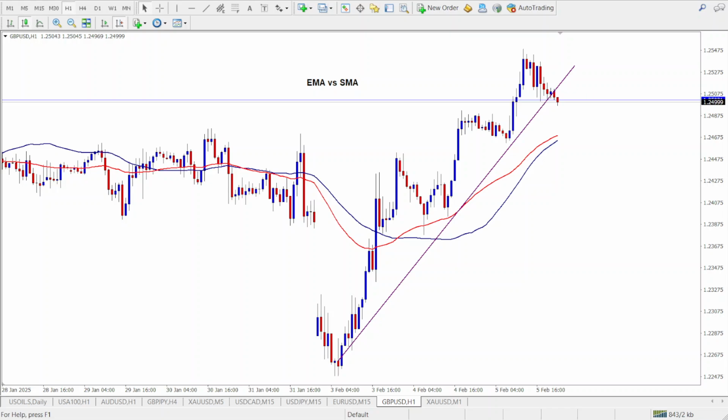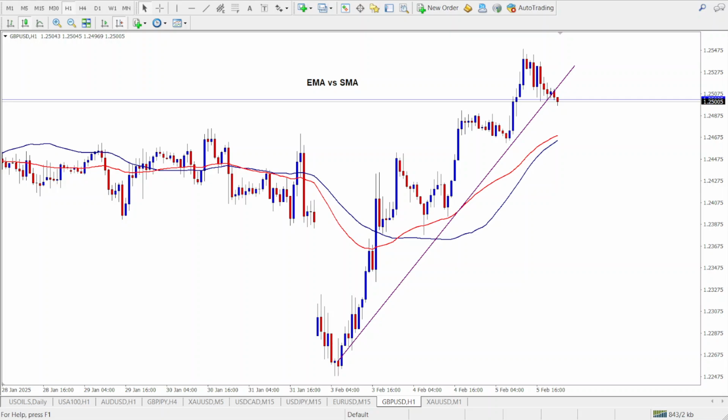However, if you are a short-term trader looking for quick signals, the EMA is your go-to indicator because it reacts faster to market conditions. I'm not going to outrightly say that the EMA is better than the SMA or the SMA is better than the EMA, because it all boils down to the kind of trader that you are, and your tolerance for holding trades for long.